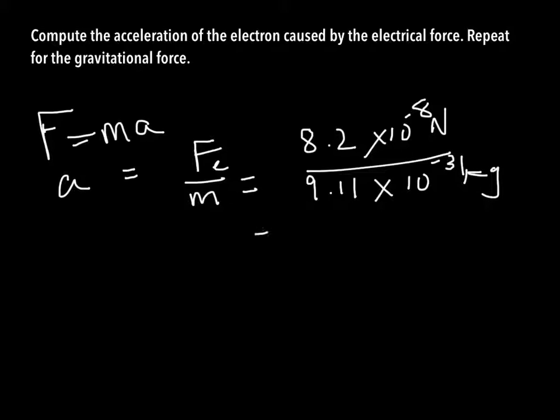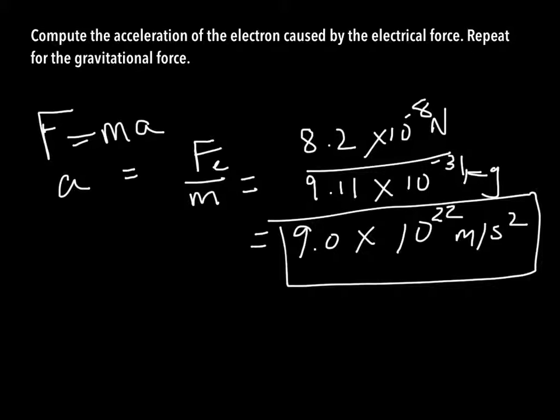And if we carry out the proper calculation, we get 9.0 times 10 to the 22nd meters per second squared. So that is the acceleration of the electron.